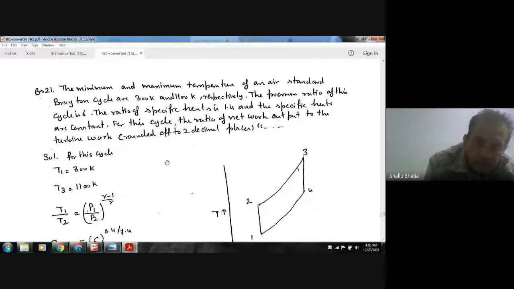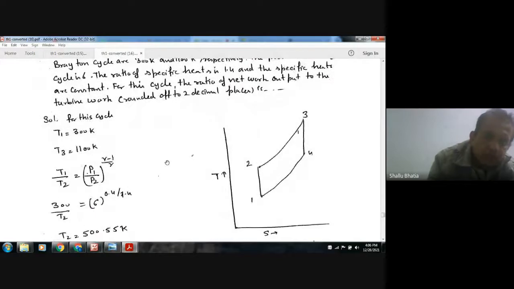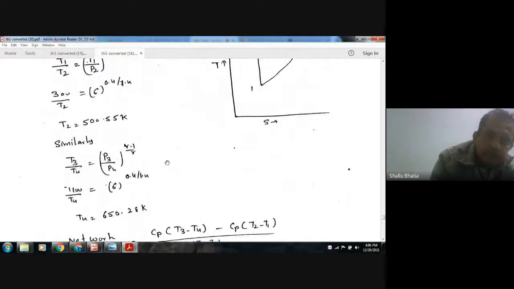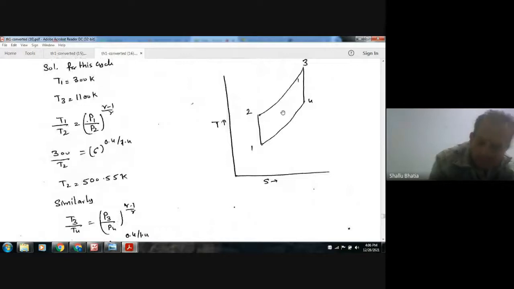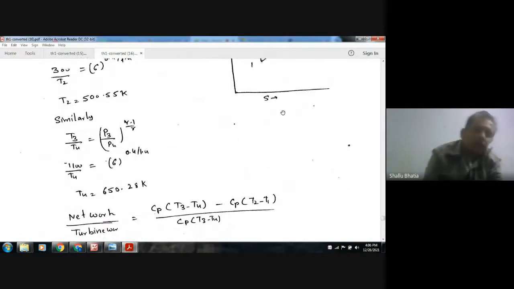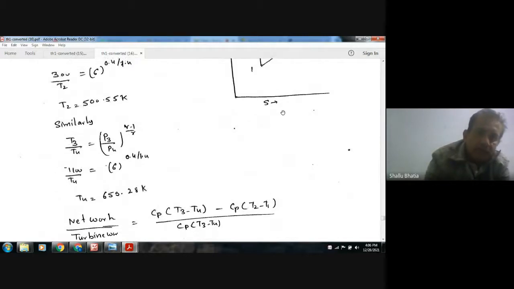So we can have T2, and similarly we can have T4 also. So T2 and T4 are found.